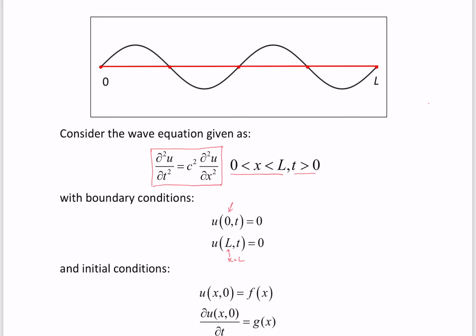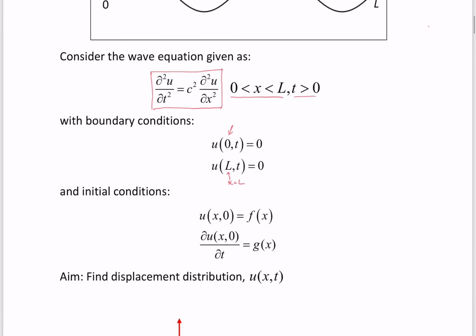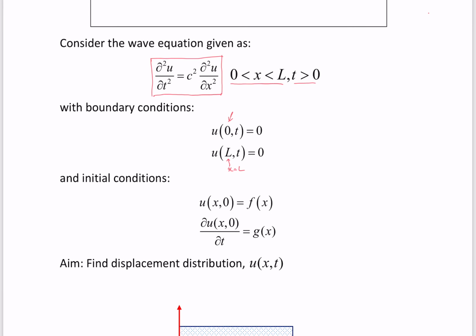And for the wave equation, we have two initial conditions. The first one is the initial one when t equal to 0, we have any kind of function f in terms of x.